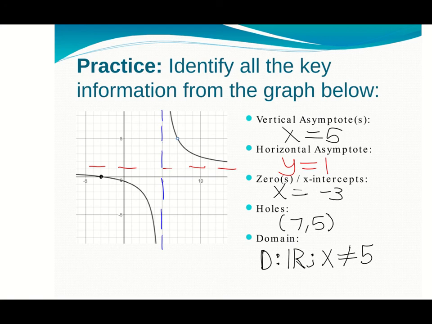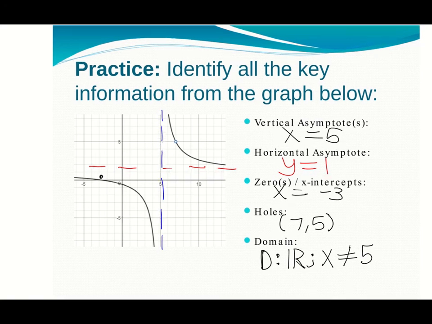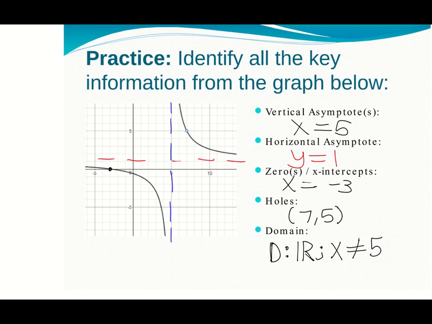The graph can also not cross at x equals 7, because if we look on our x-axis at 7, we have a hole. And at that hole, that means the graph does not cross, which means at x equals 7, there is no piece of the graph. So that does not belong in our domain. So our domain is all real numbers, except x cannot be 5 and x cannot be 7.